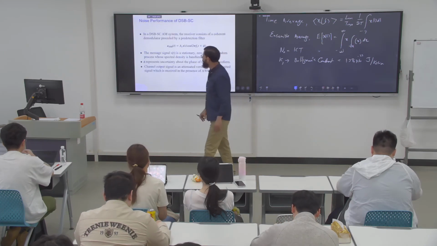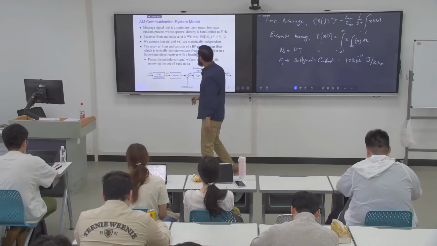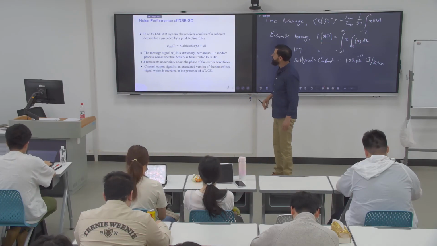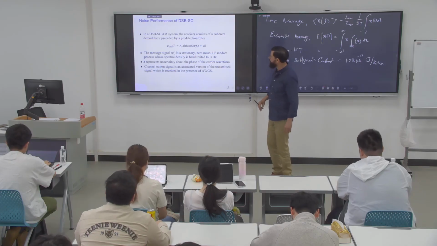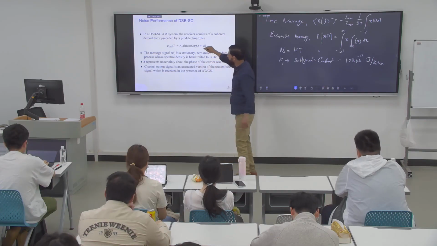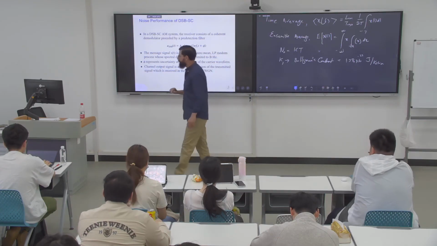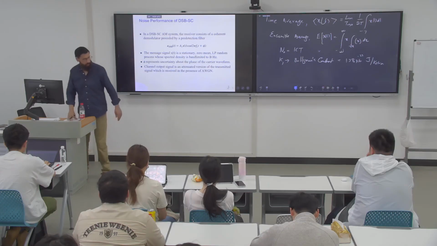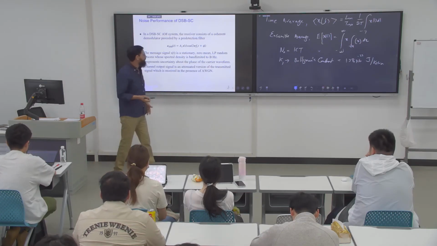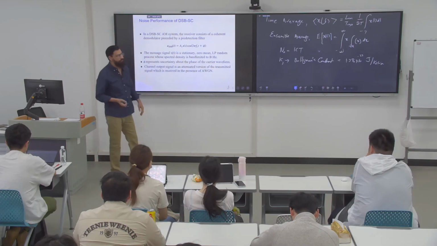So let's say we are talking about a double sideband suppressed carrier signal. Remember double sideband suppressed carrier signal? This is the expression for the double sideband signal: A_c s(t) times cos(2 pi f_c t plus phi).